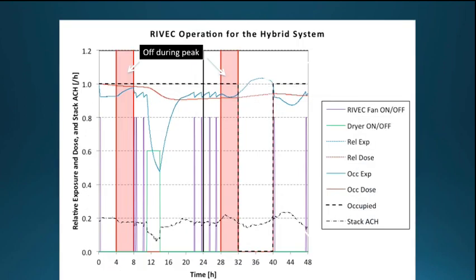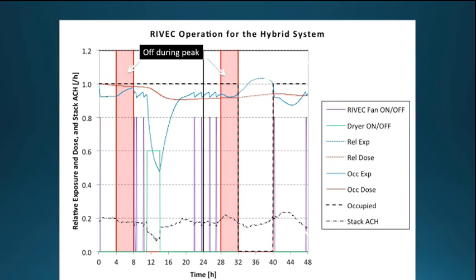This example is the same pattern as before with one addition which I thought would interest you. Here we have put in a passive stack ventilation system. And so the black dotted line at the bottom shows you how much that ventilation system is operating. And you see the purple line is used a lot less.